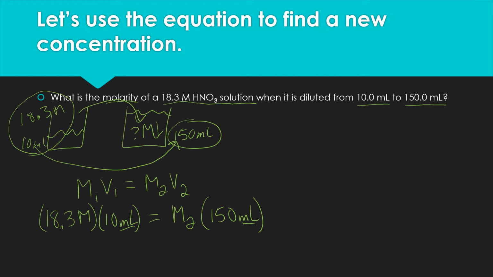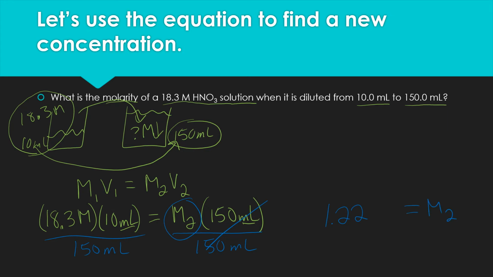So to solve this, what I'm really going to need to do is divide both sides by 150 milliliters and cancel those. So my M2 is 18.3, so I'm going to put this in my calculator, times 10 divided by 150. So I get 1.22 is equal to my M2.